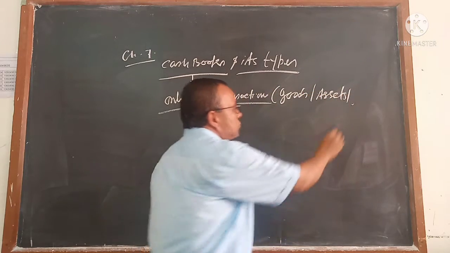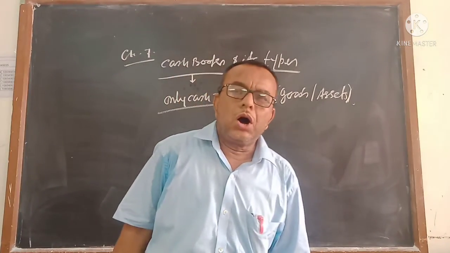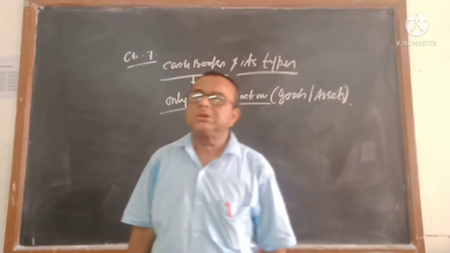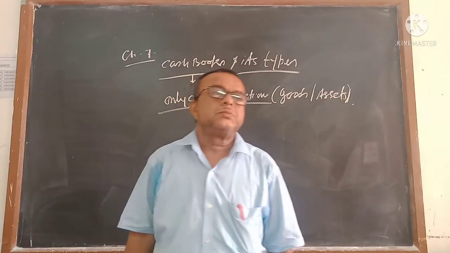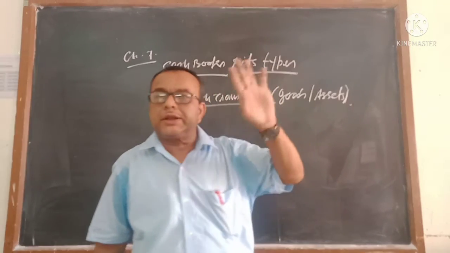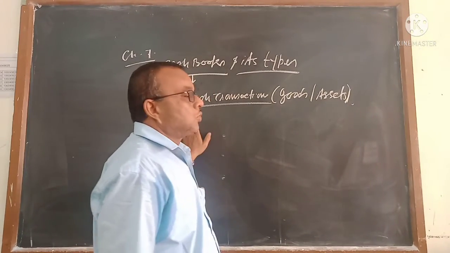If you buy goods for cash, or buy goods by cheque, or sell goods for cash, or sell goods by cheque, or if you buy and sell assets either in cash or by cheque, then it will come in this.